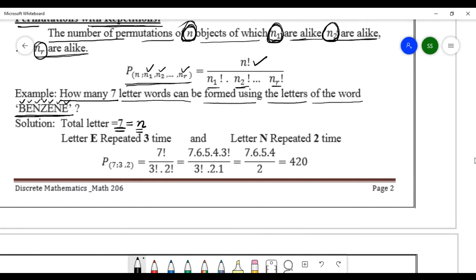Now look here. E is repeated. E is repeated three times, here e, here e and here e.